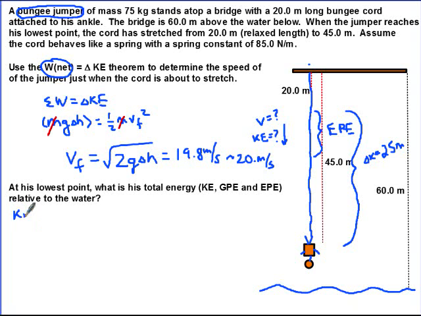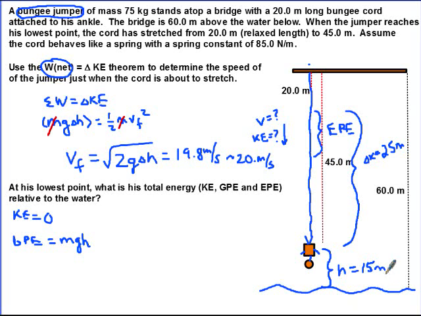First, let's talk about the KE at this spot. Since he's no longer moving here, his kinetic energy would be 0 at the very bottom. His GPE, well, that's a fairly easy equation. It's just mgh. Now, since I'm using the water as my reference at this point, this is my h value. And you can see, since the bridge was 60 meters up and he's dropped a total 45, this would just be 15 meters.